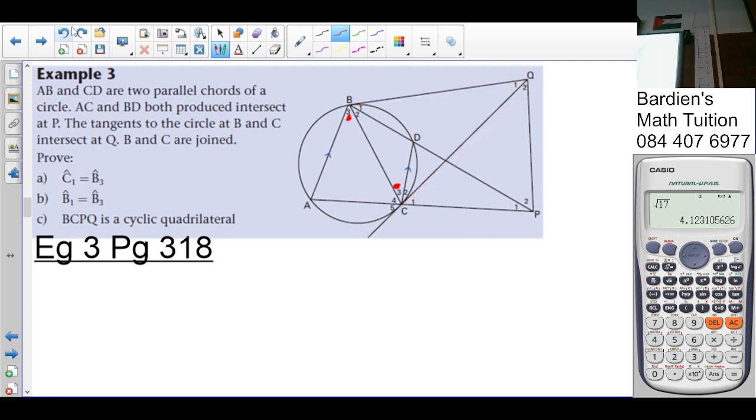They're equal, yes. So QB is equal to QC. What else do we know?